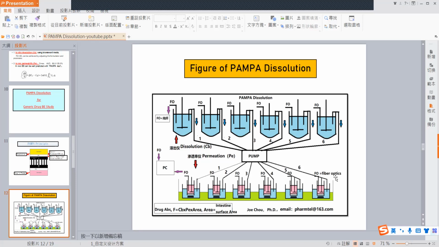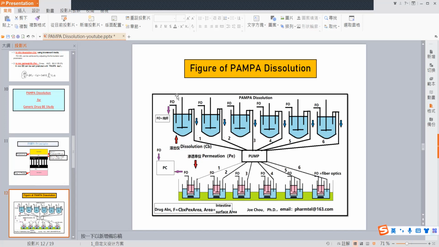Once you drop your tablet or capsule into this dissolution apparatus, the drug will be slowly dissolved and pumped to the PAMPA, and the drug will penetrate through the membrane, measured in the pink area, which is the plasma, and being measured through the fiber optics, and so as to this CB.